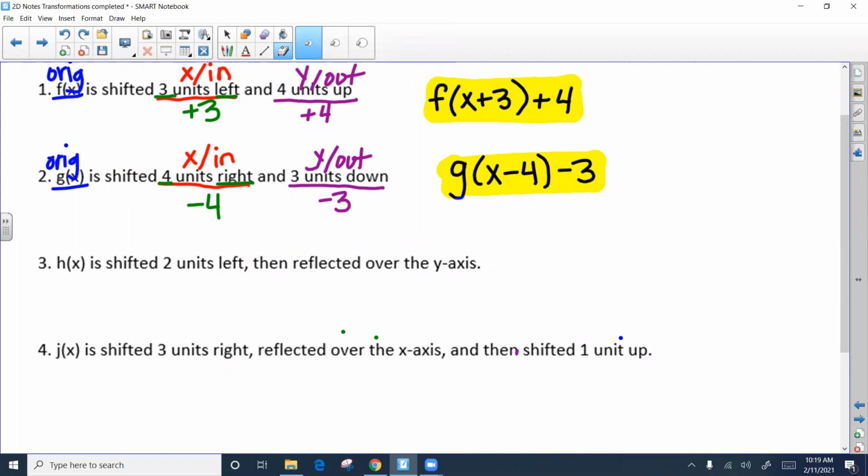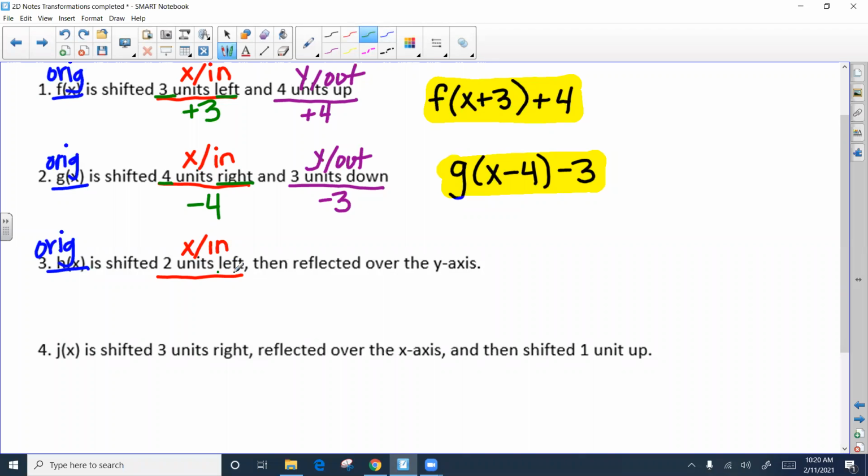All right, numbers 3 and 4, we got a couple more. So number 3, we have h of x as our original function. And this is shifted 2 units left, then reflected over the y-axis. So if something is shifted to the left or the right, if it's to the left, I know it's going to be affecting the x values or inputs.